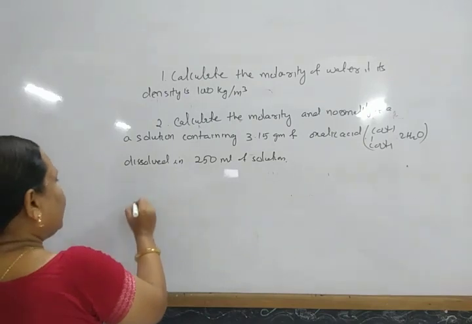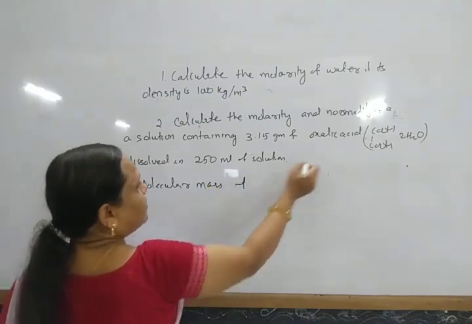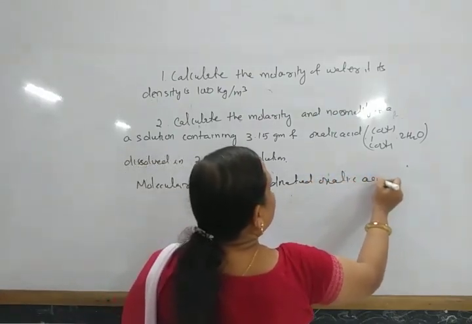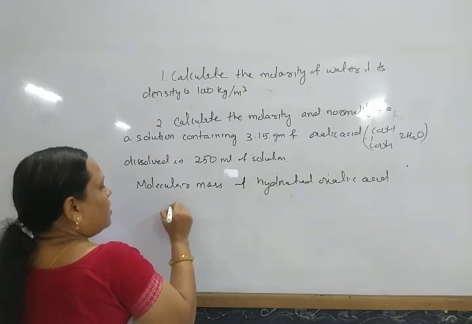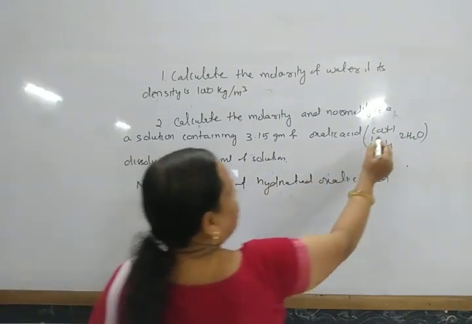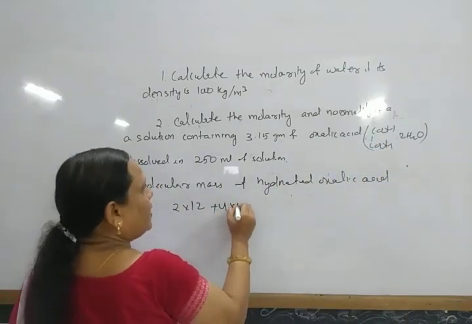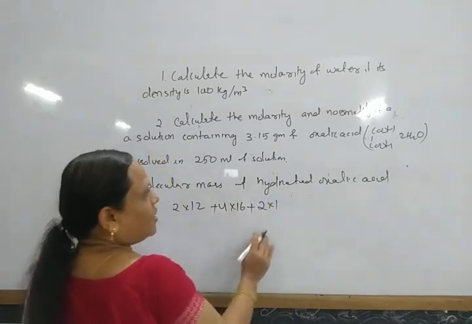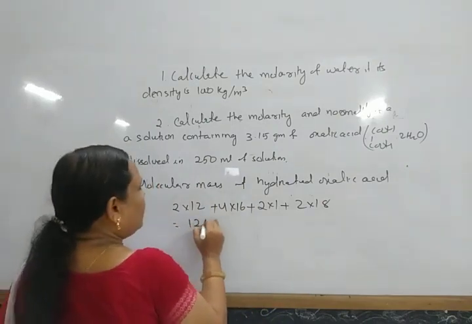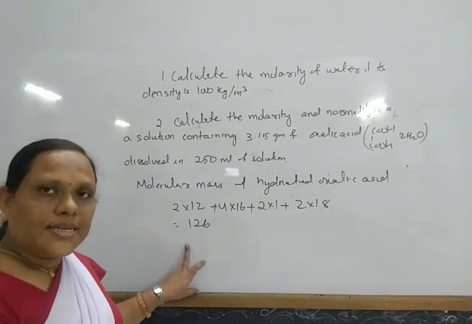First find the molecular mass of hydrated oxalic acid: 2 into 12 for carbon, plus 4 oxygens, 4 into 16, plus 2 into 1 for hydrogen, plus 2 water molecules, 36. The value equals 126.